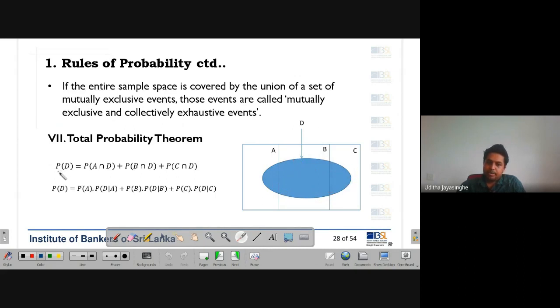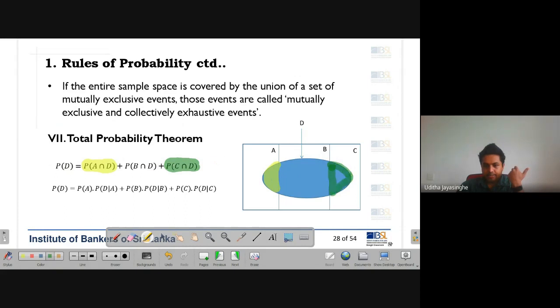Look at this, probability of D is going to be, let me highlight here to be more clear, this particular portion. What is that? A intersection D, the common items between A and D. And I'm going to add probability C intersection D. What is that?